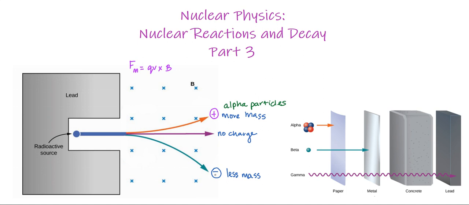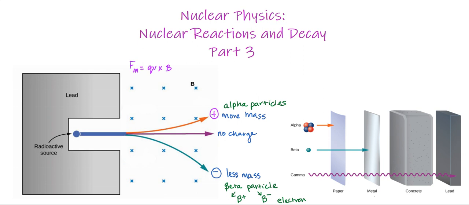Now the less massive one over here at the bottom is known as the beta particle. And the beta particle is actually going to come in two different forms. We have positive beta particles, and we also have negative beta particles. The negative beta particle is the first discovered one, and this is essentially an electron-like particle, or an actual electron.